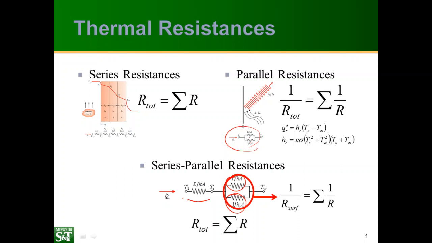And then the total resistance is going to be the conduction resistance plus the surface resistance. So that's how we can use this idea of thermal circuits to simplify heat transfer problems, at least heat transfer problems that are steady and one-dimensional.